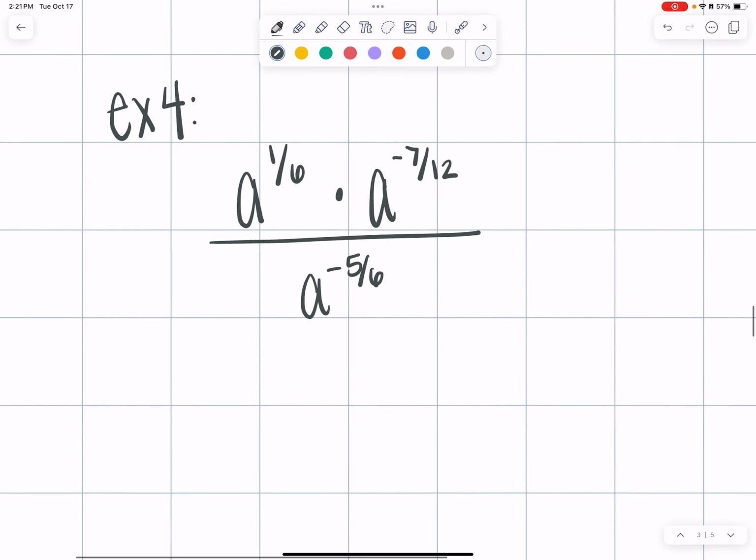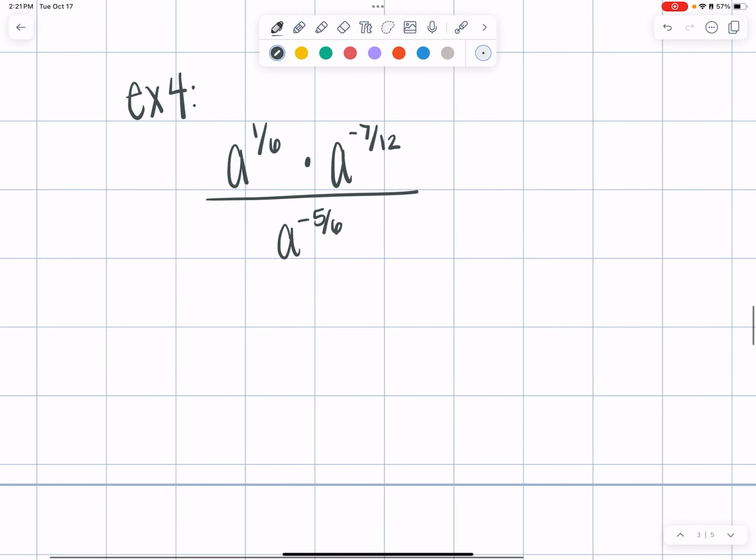All right, next one. So we're getting a little bit more difficult. A to the 1/6 times a to the negative 7/12, all divided by a to the negative 5/6. All right, so first thing I've got, all of these have the same base, but I need to do my product rule and my quotient rule separate.